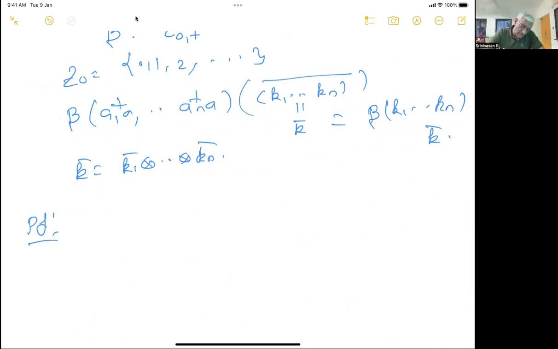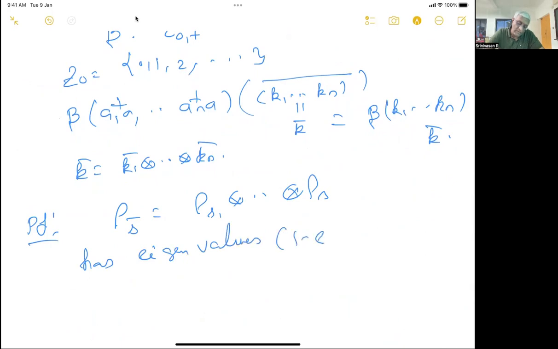We know this Gaussian state, rho s bar equal to rho s1 tensor up to rho sn, has eigenvalues 1 minus e power minus s, e power minus the summation of kj sj, j equal to 1 to n, where s is fixed and k is given, with the corresponding eigenvector.